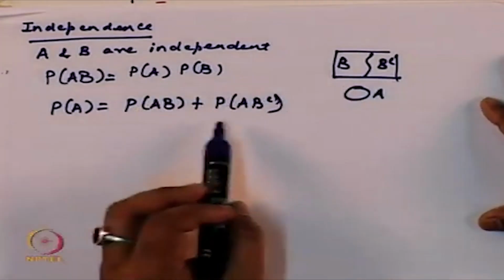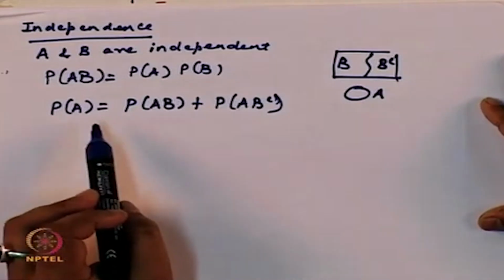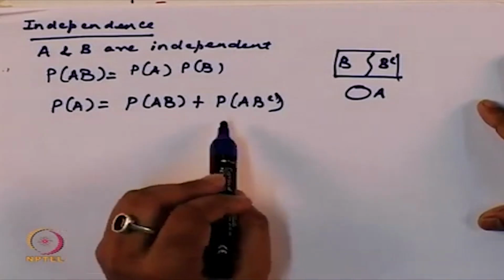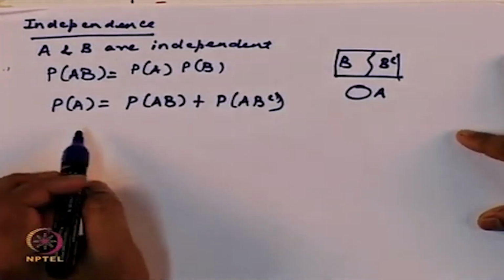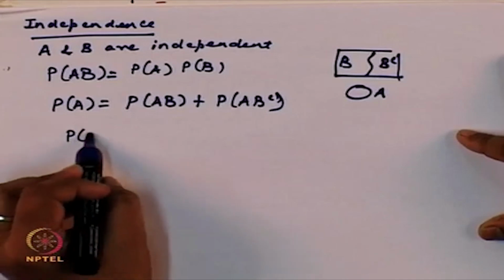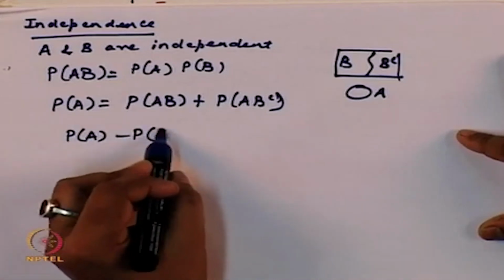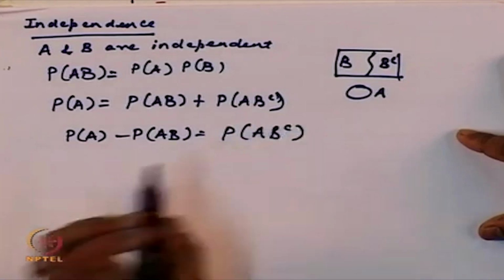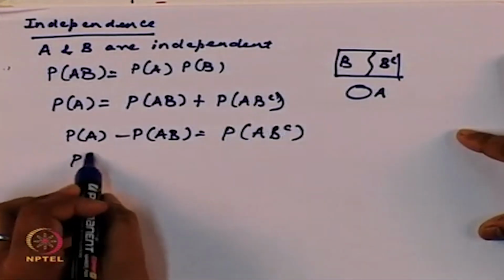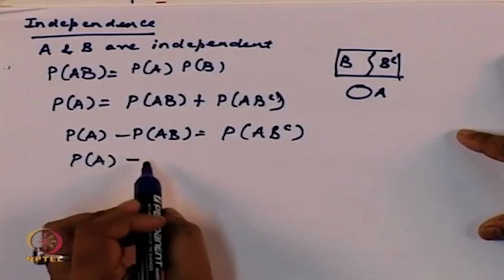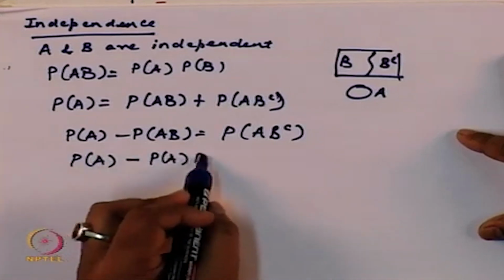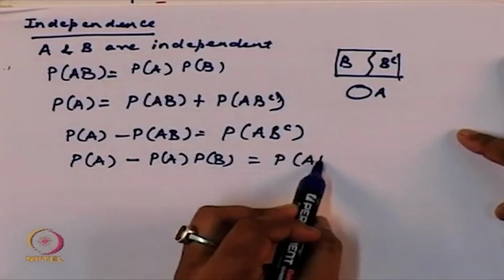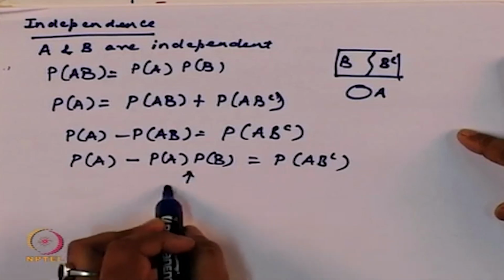But I can clearly write that P of A is P of AB plus P of AB complement. Now, I can take it to the other side: P of A minus P of AB is equal to the probability of AB complement. This I can simplify if A and B are independent. So, I have invoked independence here.